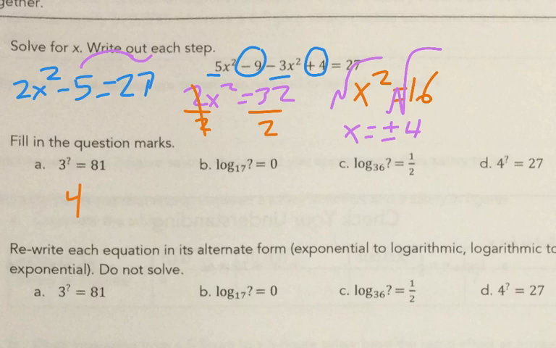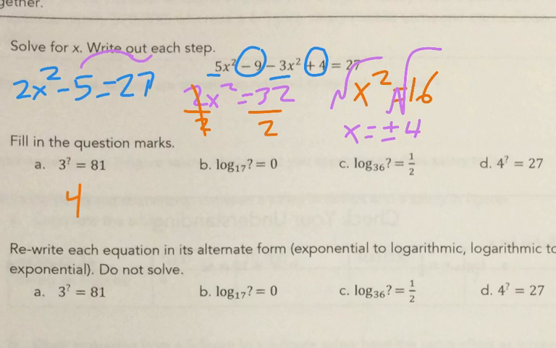Times 3 is 243. Times 3 is 729. Okay, I'll stop there. I didn't want to do the next one in my head. The next one is? Did you calculate it? Yeah, okay. I could have done it, but I didn't want to. I'm wasting time. Showing off is not the point of today.